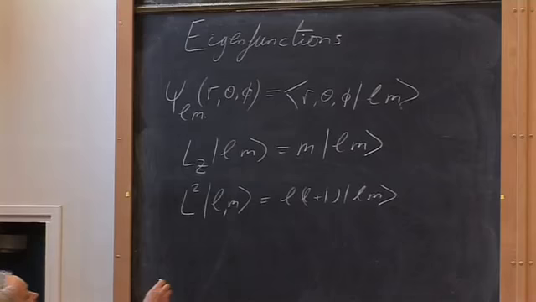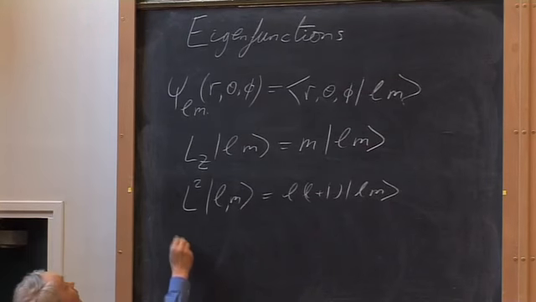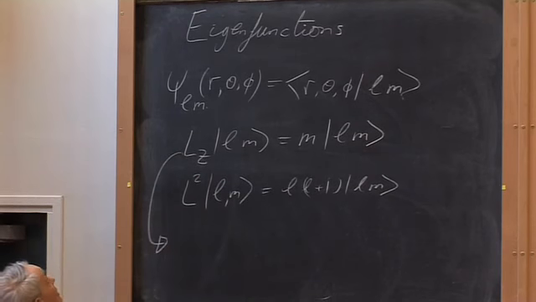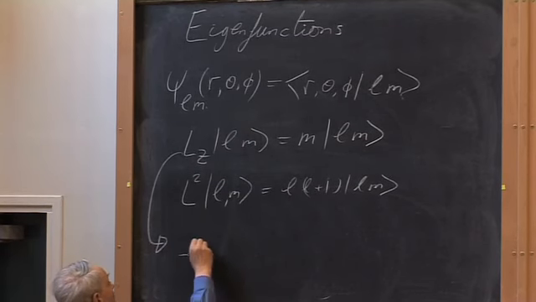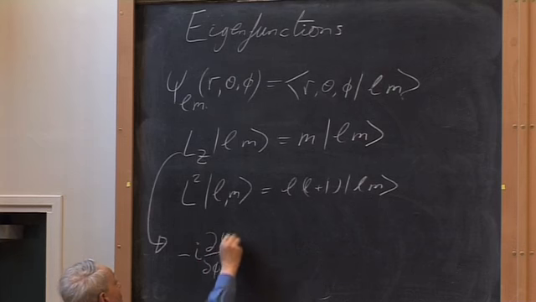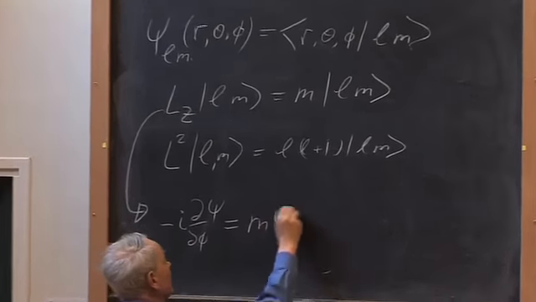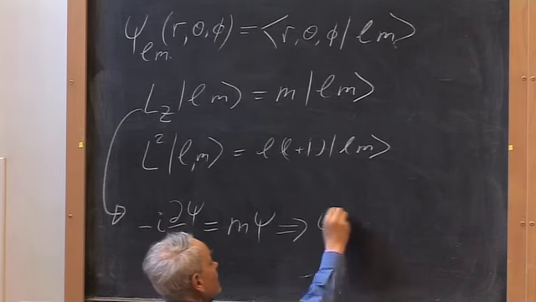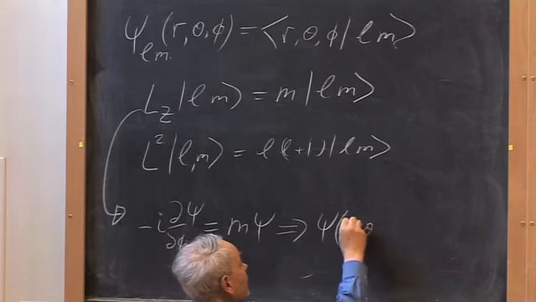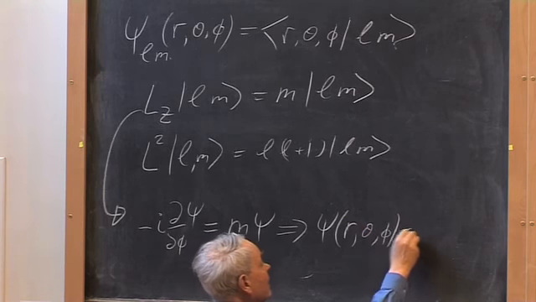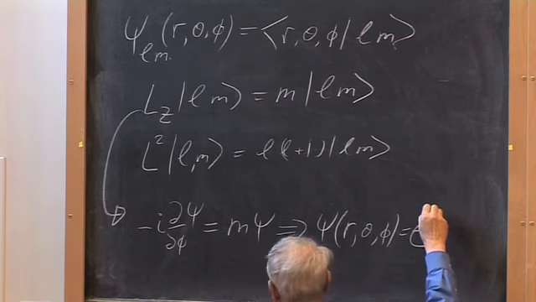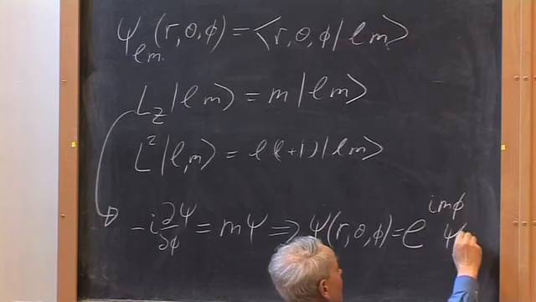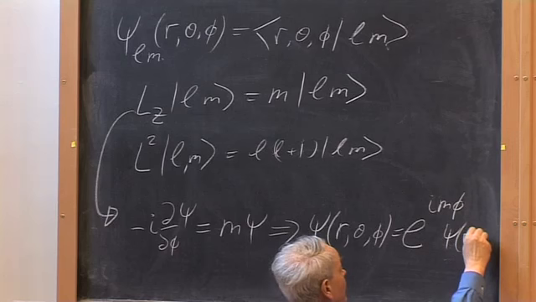Okay, so what can we say? We can say, first of all, this equation, put into the position representation, says that minus i d by d phi of psi is equal to m psi, which we immediately recognize as telling us that psi at r, theta, and phi is equal to e to the i m phi times psi at r, theta, and nothing.